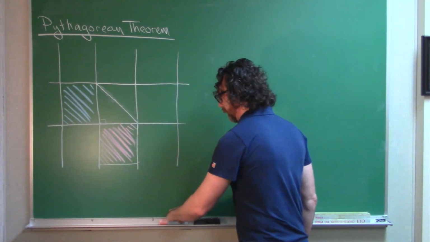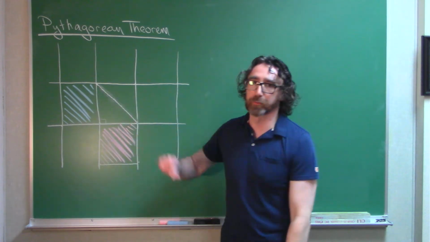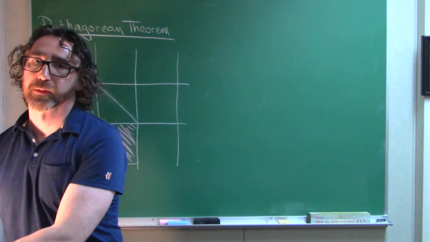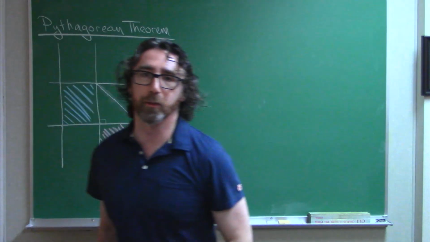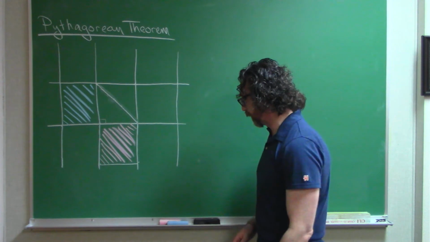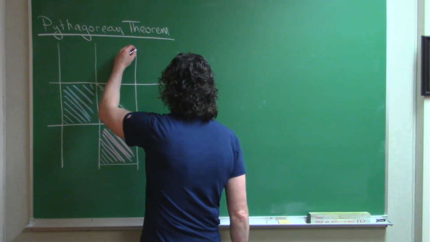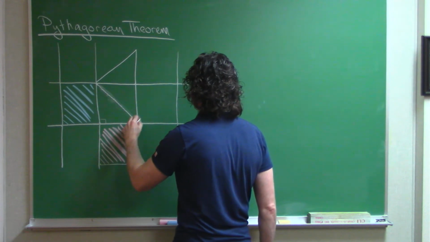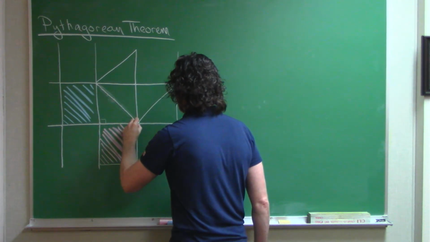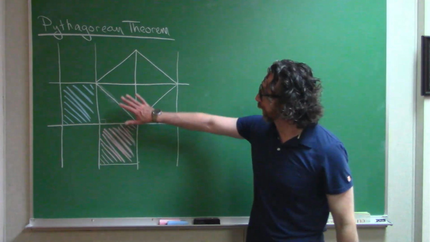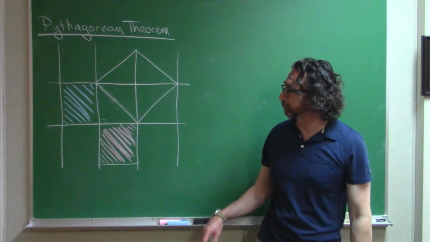So on the legs of the right triangle we have these squares. Now we can also make a big square on the longest side or hypotenuse of the triangle by doing this. So on the hypotenuse we have a big square.